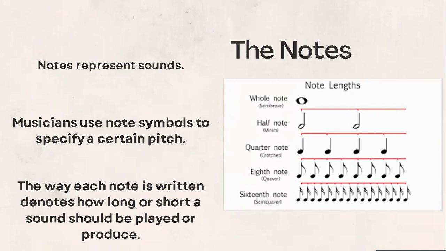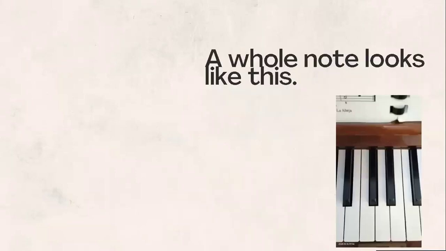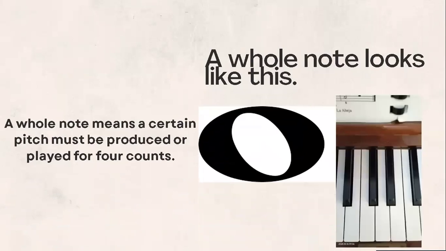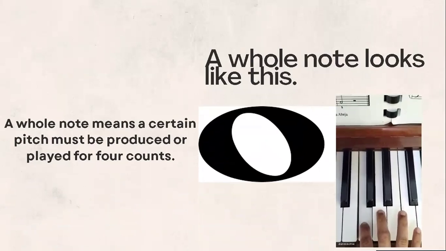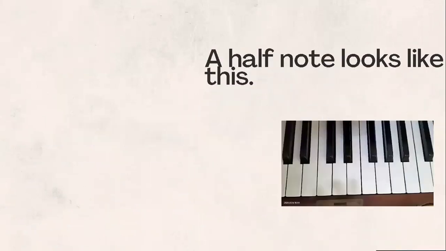What do these mean? A whole note looks like this. A whole note means a certain pitch must be played or produced for 4 counts. A half note looks like this.